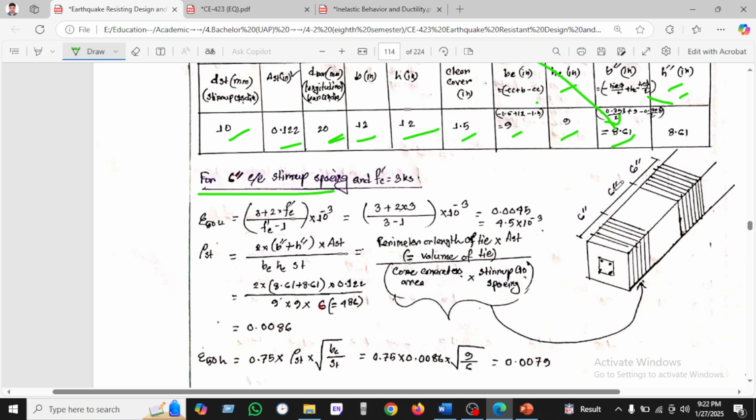we are using the 6 inches center by center, and strain 50 ultimate, unconfined, we have found 4.5 into 10 to the minus 3, and rho we have used from this formula: 2 into B double prime plus A double prime into AST, over BC AC into ST. BC AC is the core concrete area, and ST is the spacing of the stirrup.